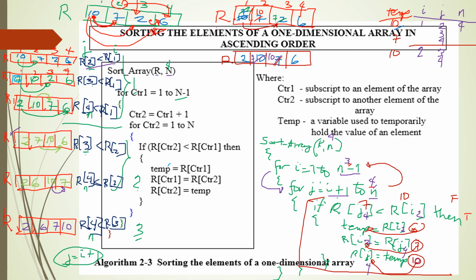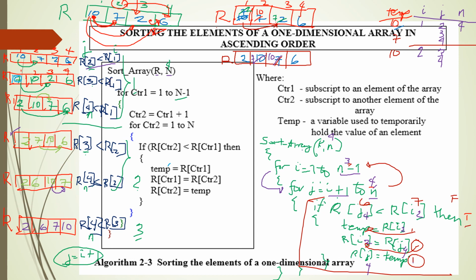However, the value of the elements, of course, would not be the same. Okay? So, in this case, R sub 4. R sub 4 is 6. Okay? R sub 4 is 6. And R sub 2 is 7. Is 6 less than 7?